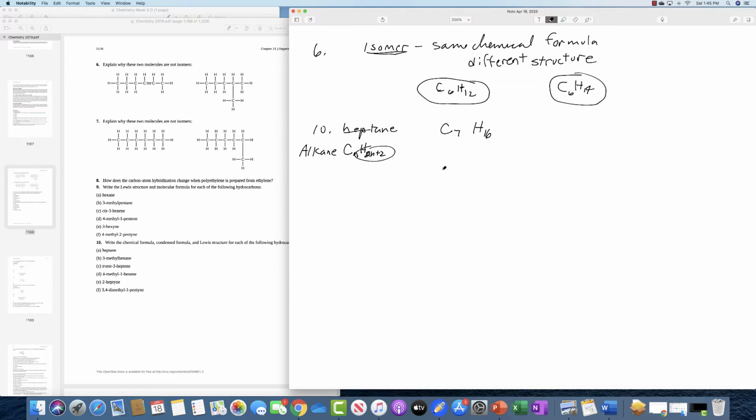well, there's several different ways we can write this. You can write C, C, C, C, C, C, C, 1, 2, 3, 4, 5, 6, 7, and then hydrogens around the outside like this. And then another way that you can write this, and I'm happy with any of these, by the way, as long as you be careful and make sure you do it right.